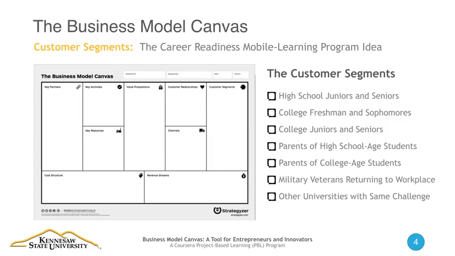Okay, for my business model canvas project, I've decided to choose customer segment number 5, the parents of college-age students. I'm thinking that they would be the most interested in buying the Career Readiness Mobile Learning Program.